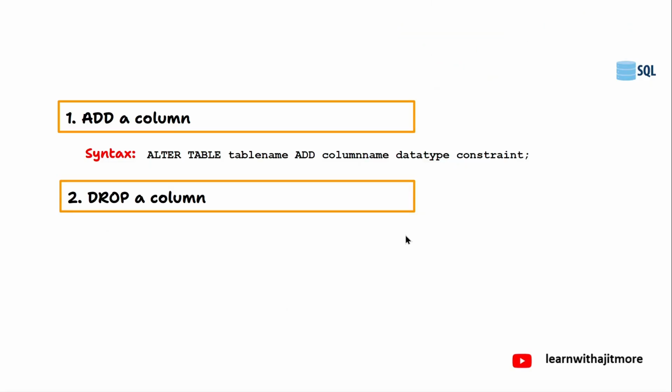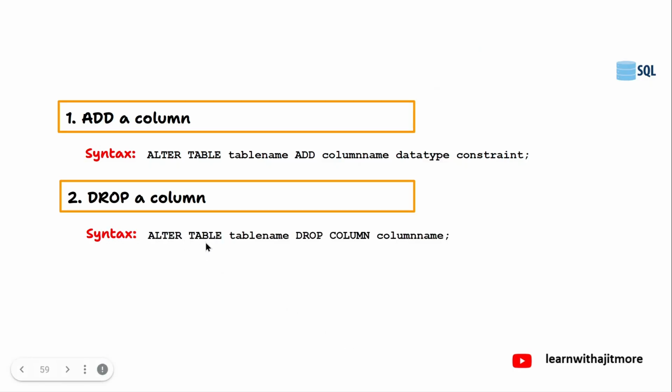Okay. That concept is clear. See, alter table name, drop column, column name. I have mentioned the column keyword, but you can check that the latest MySQL allows you to skip it. If you don't give column, it automatically assumes you are dropping a column only. Why? Because you're using the drop word along with alter table.